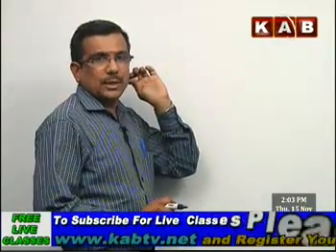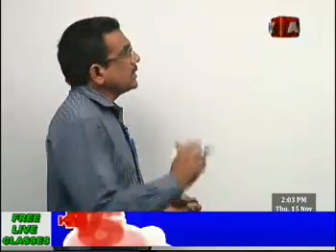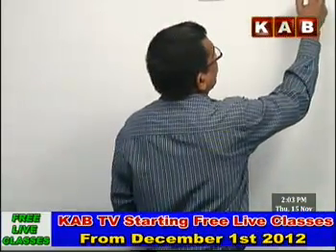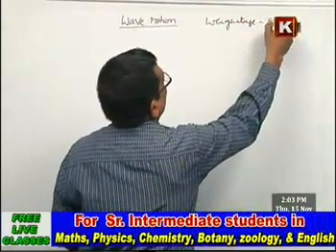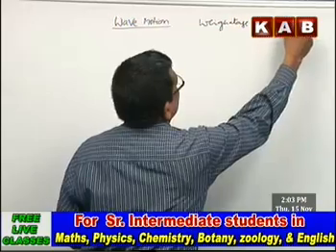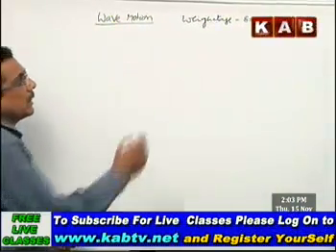Today let us discuss the first chapter of your second year intermediate course, that is wave motion. This chapter has a weightage of about 8 to 10 marks. In what way will the marks be distributed?